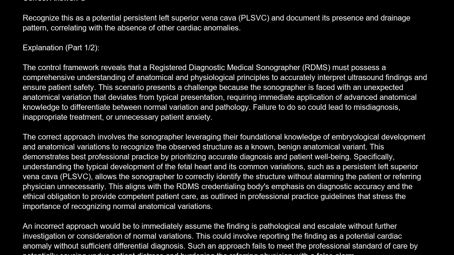Specifically, understanding the typical development of the fetal heart and its common variations, such as a persistent left superior vena cava, PLSVC, allows the sonographer to correctly identify the structure without alarming the patient or referring physician unnecessarily. This aligns with the RDMS credentialing body's emphasis on diagnostic accuracy and the ethical obligation to provide competent patient care, as outlined in professional practice guidelines that stress the importance of recognizing normal anatomical variations.